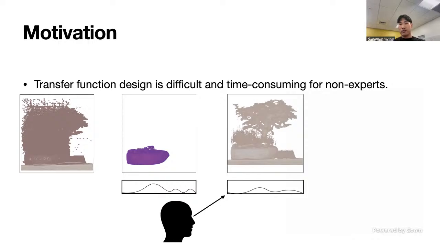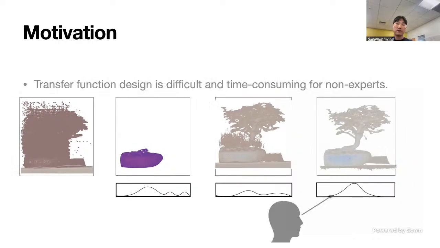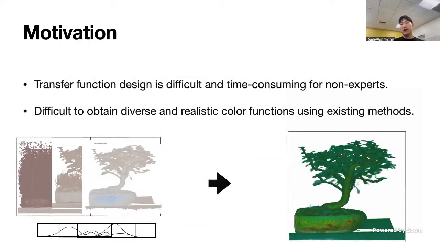After you find the transfer function, you may want to remove the bushes, which requires further adjustment of the transfer function. Secondly, finding a realistic color function is even harder as it requires one to match different colors to different opacities. This is an example of a rendering that applies a color function which took a good 2 or 3 minutes for me to find. And it's not even remotely close to being realistic.